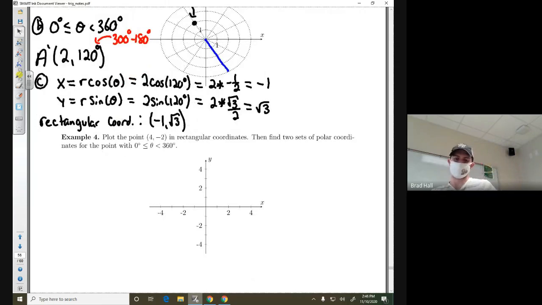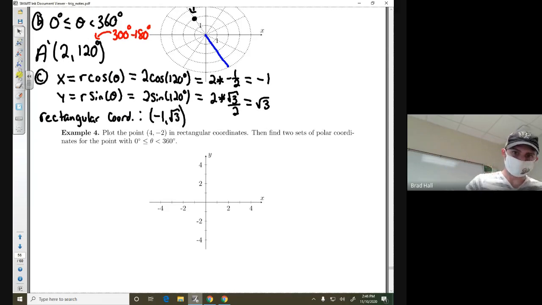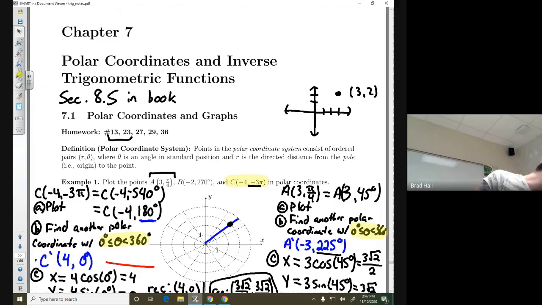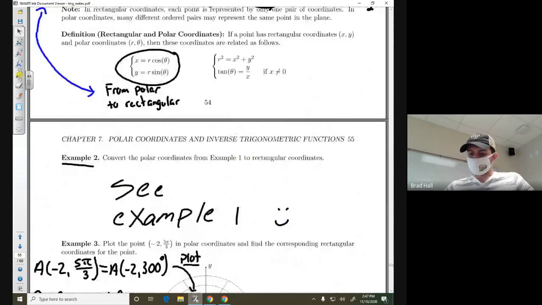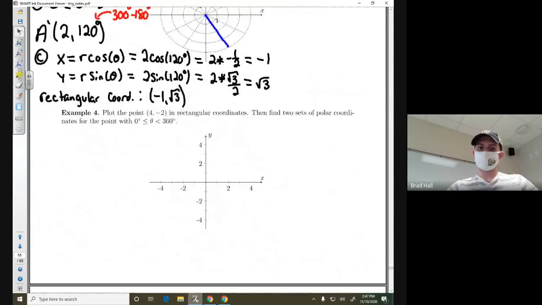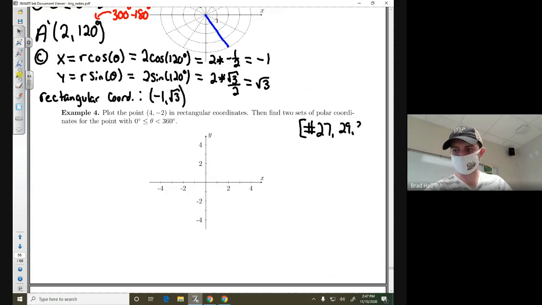Again, I'm going to make sure that I tailor example 4 to help out with problems 27, 29, and 36. This one's going to be like numbers 27, 29, and 36.